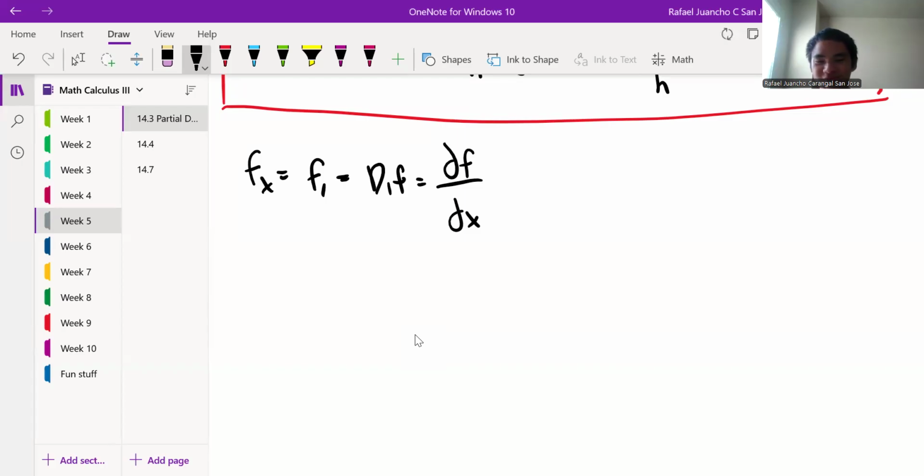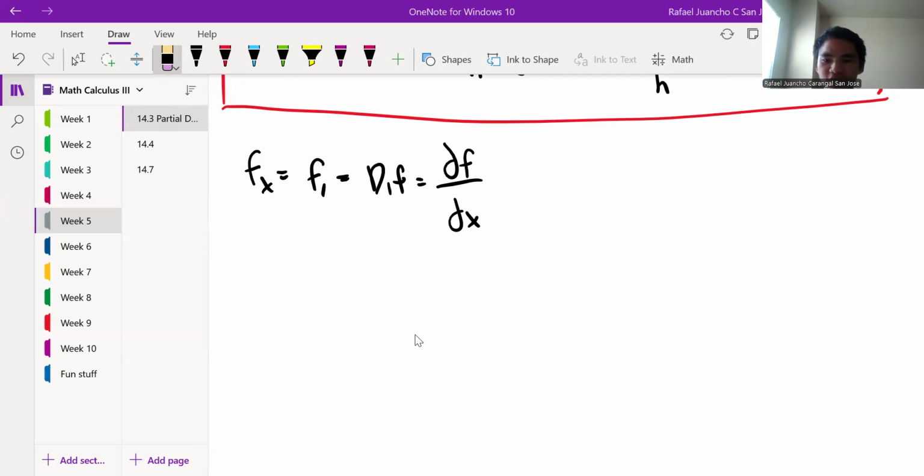We cannot interpret this as a ratio, like what we did previously with functions of a single variable, where we take its derivative like this. Here we could interpret this as a ratio. So that was convenient, but here we don't.